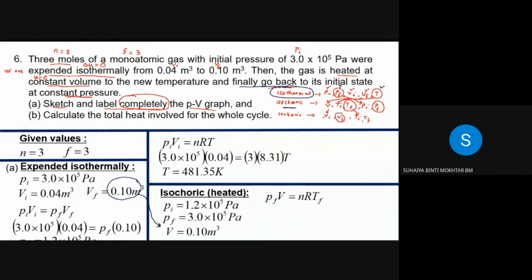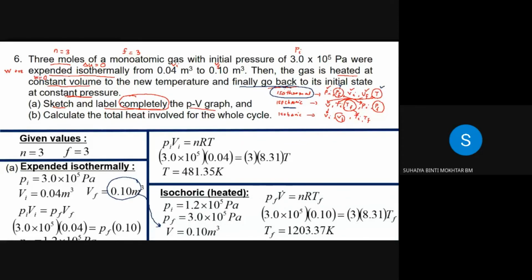So for T final we can use the equation PV equals nRT. V is constant, n is constant, R is constant. So if we want to determine T final, P here is P final. So substitute the values, and you can determine T final.